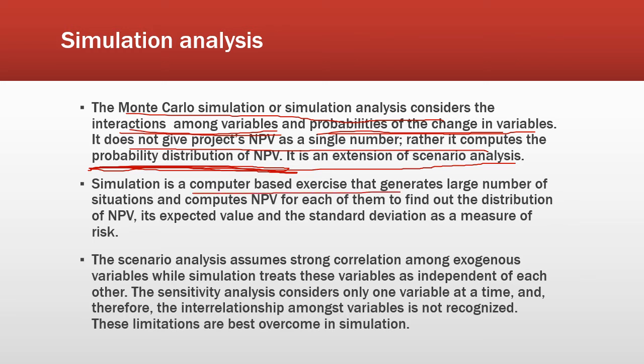It is a computer based exercise that generates a large number of situations. Like scenario analysis, there are different combinations, but here in simulation there are a large number of situations and it can handle the relationship between the variables. It computes the NPV for each of them to find out the distribution of NPV, its expected value, and the standard deviation as a measure of risk.